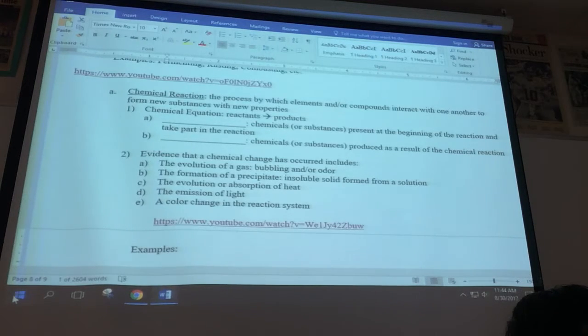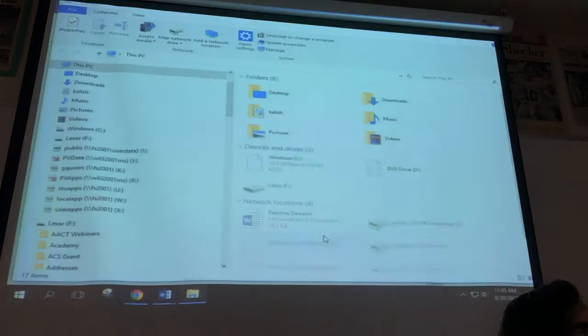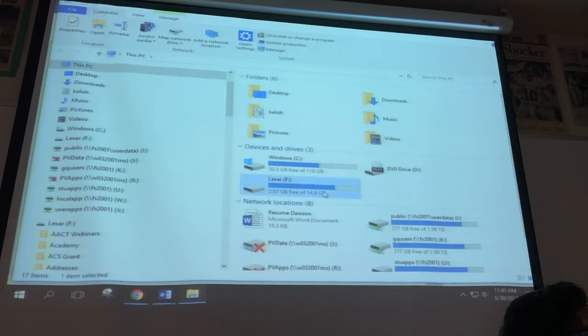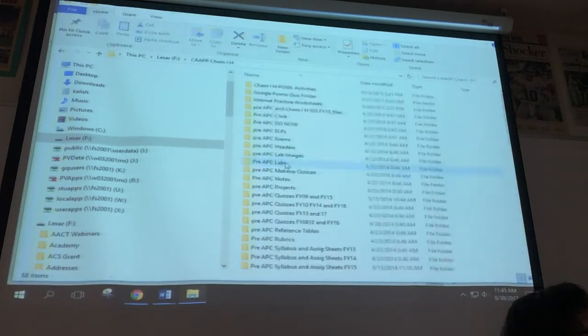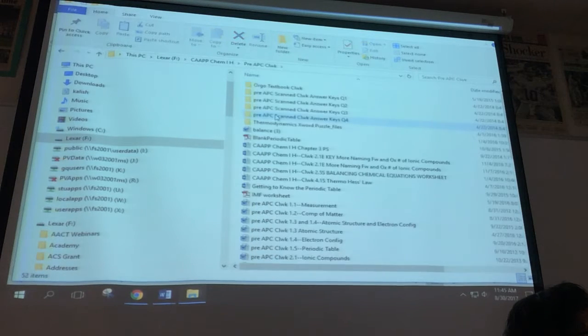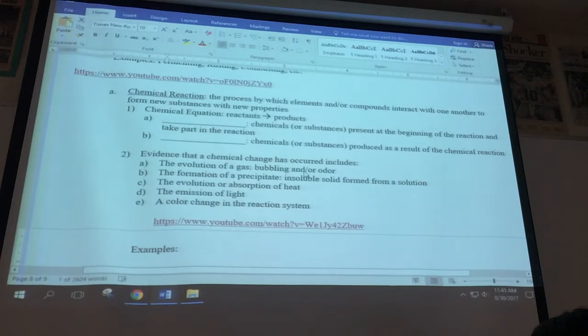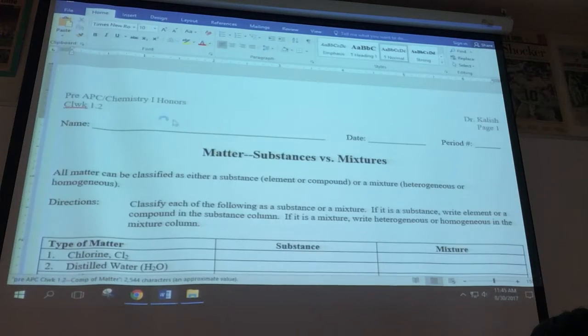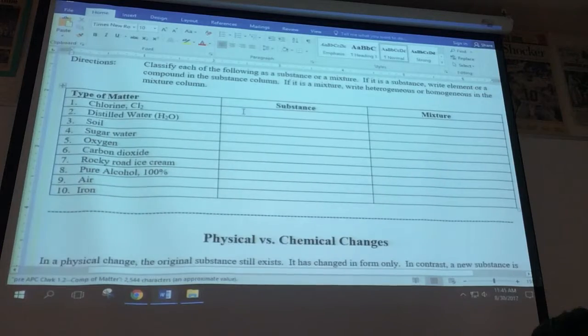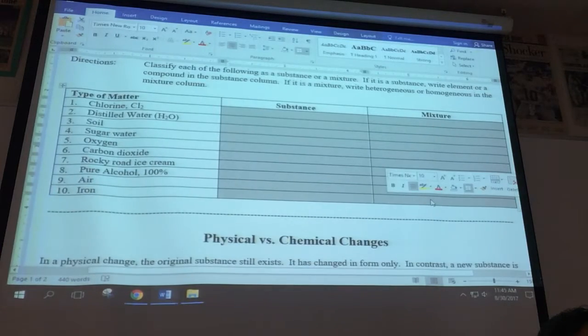And what will really help you fully understand the difference between chemical and physical properties as well as chemical and physical changes will be the second classwork that I gave you. That's classwork 1-2. Yesterday you completed this part.